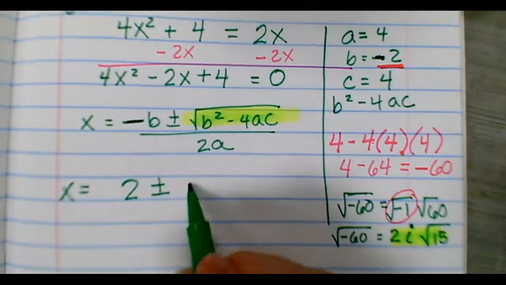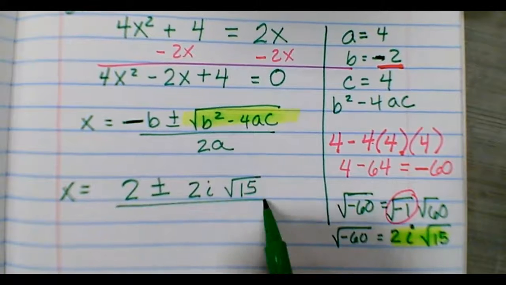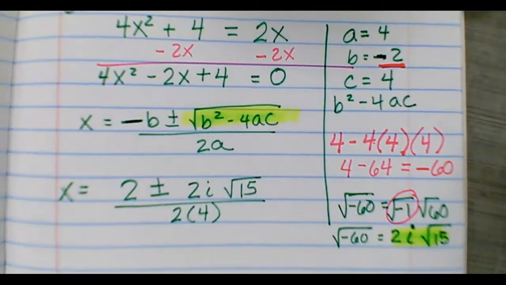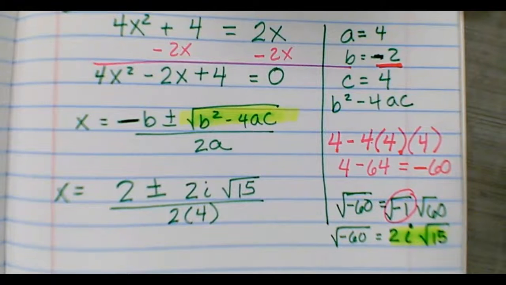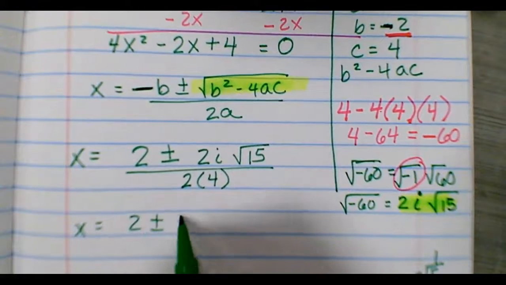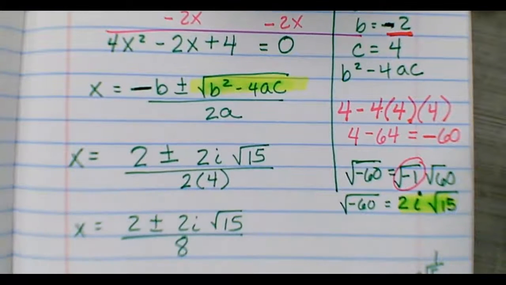This is 2i square roots of 15, all divided by 2 times 4. So this is 2 plus or minus 2i square roots of 15 divided by 8.